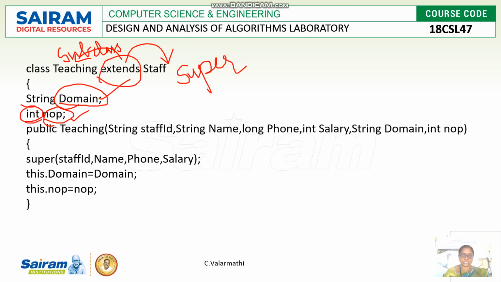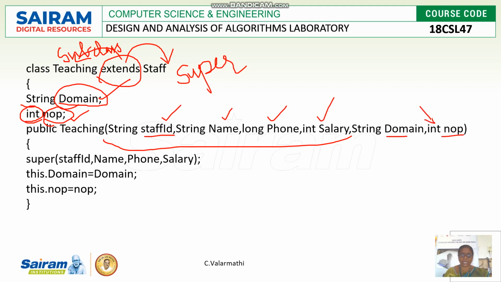Now coming to its own constructor, it has the general parameters also. The general parameters are the 4 important parameters in the superclass staff: staff ID, name, phone and salary. Along with these four basic characteristics, domain and number of publications are also added.